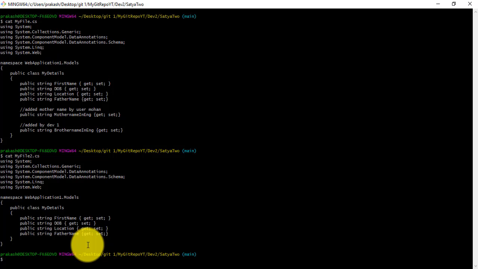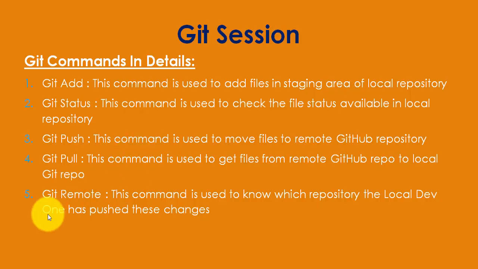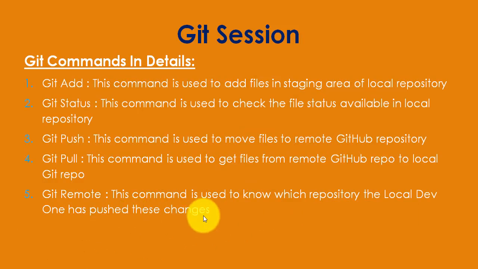Now I'll go to my presentation here. Check this one, the Git flow diagram, which I already described. Let's go to the next slide, Git commands in detail. Git add: this command is used to add files to the staging area of the local repository.